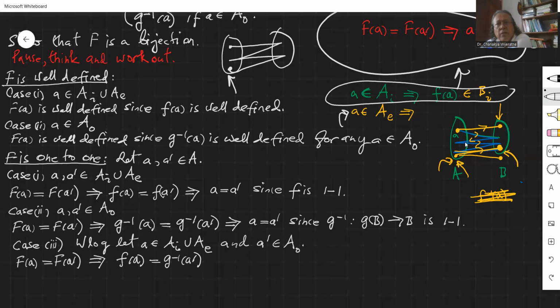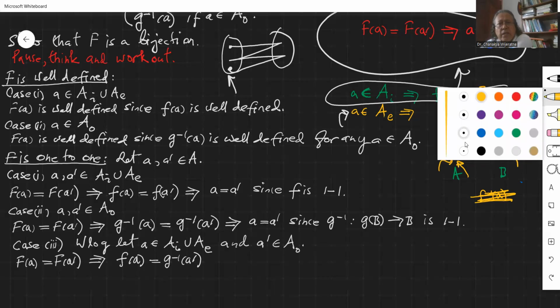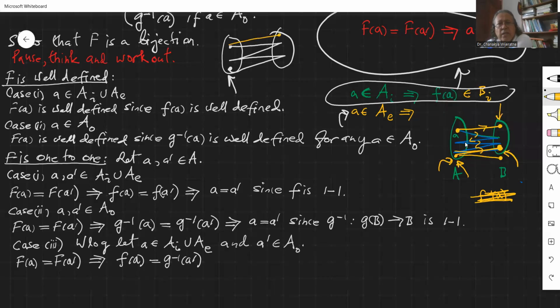But if you take f of A, then it goes forward, so this element has an odd number of ancestors.